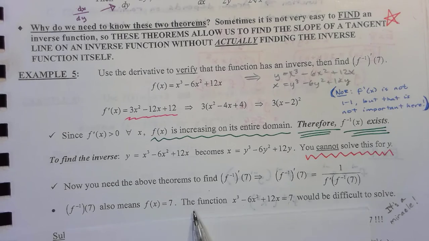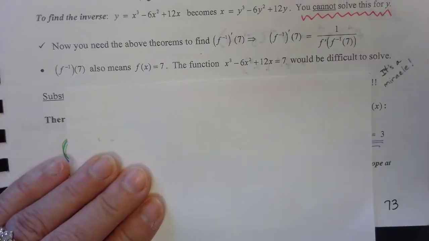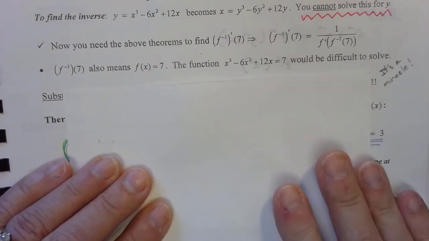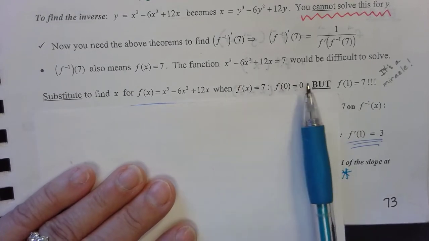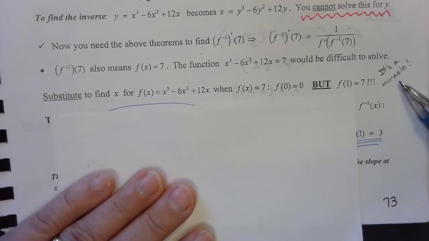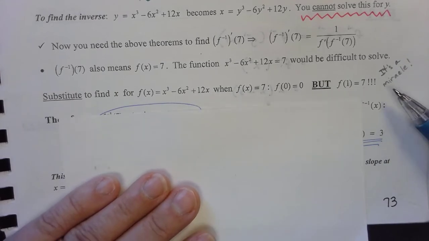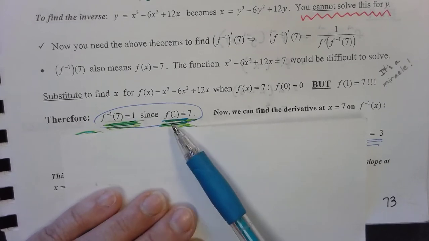So this means our function would equal 7. Now that is actually difficult to solve, but we can try some plug and chugs, right? So let's start with 0. With 0, I get 0, and it's a miracle. With 1, I get 7. Yay! So if f inverse of 7 is 1, that means f of 1 is 7.